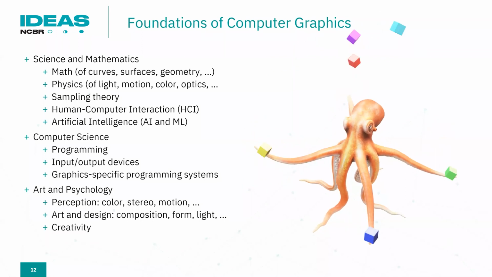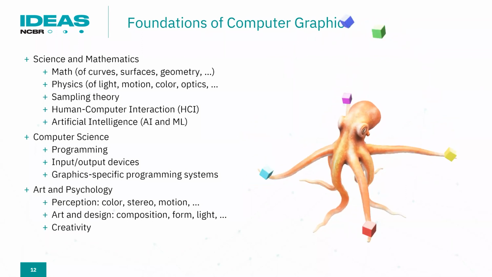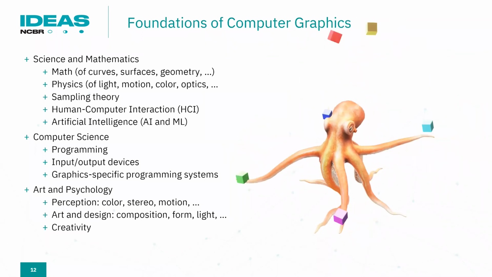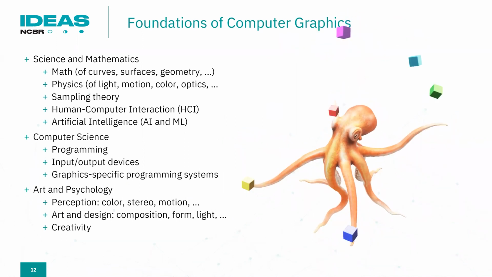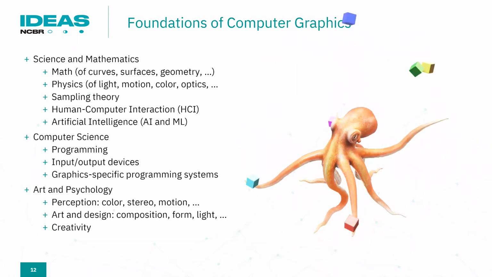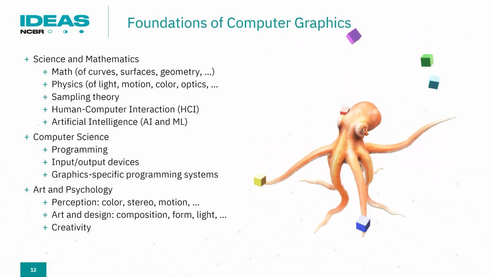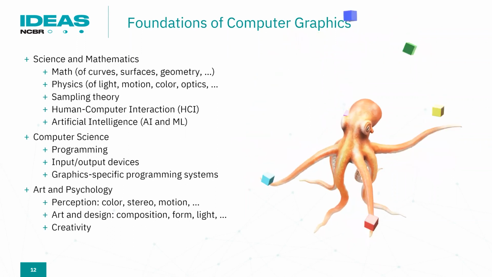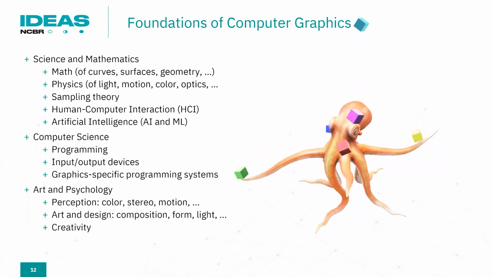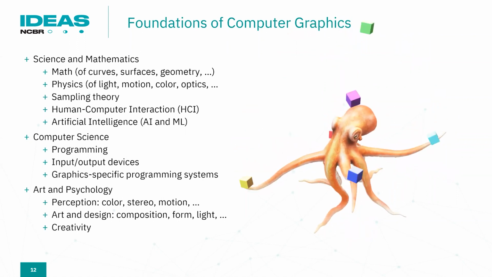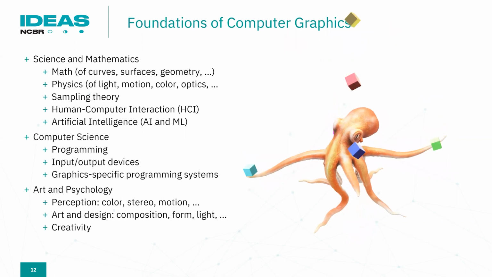Of course, this is a subfield of computer science, so we do extensive programming, work with input-output devices, and some graphics-specific programming languages. And graphics also overlaps or collaborates with art and psychology.